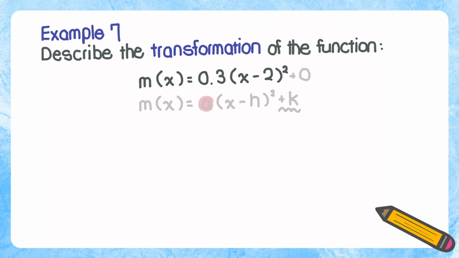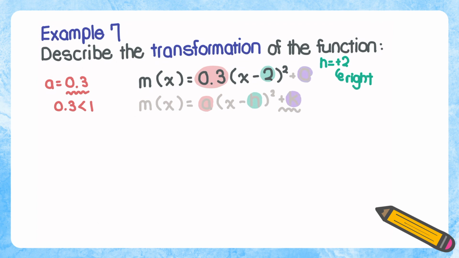So now I can identify a, h, and k. For a, I know it equals 0.3, and 0.3 is less than 1, which means I have a vertical shrink. And then h is replaced by 2, so h equals positive 2, so I'll be moving to the right. And for k, since k equals 0, I will not be moving up or down. There's no vertical translation.